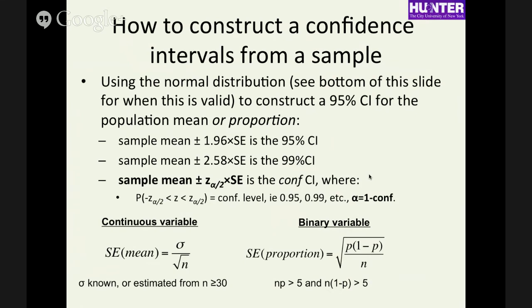So if it's a left-tailed z table, it would be the value of z for 0.995, because it would be 0.005 of the probability in the right-hand tail alone. We could look that up right now.